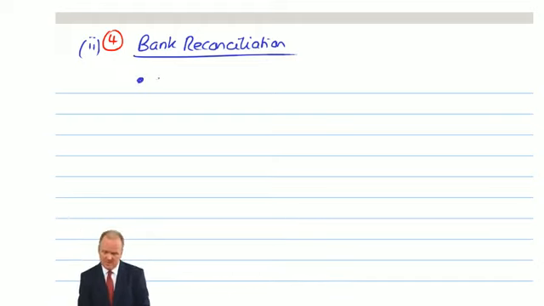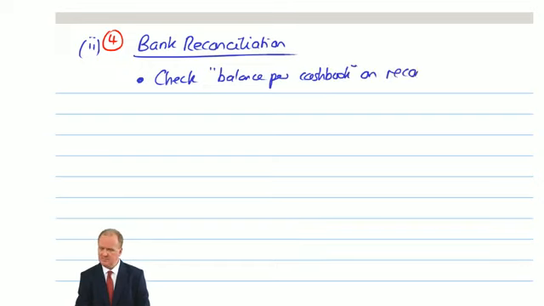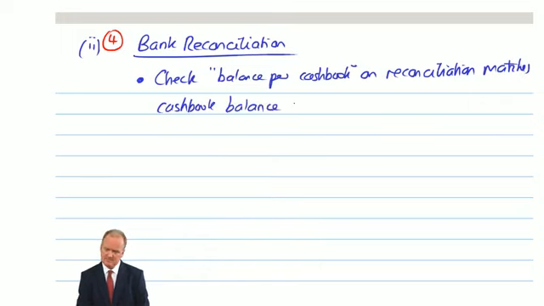So I would want to check that the balance per cash book on the reconciliation matches the cash book balance at the 31st of March.